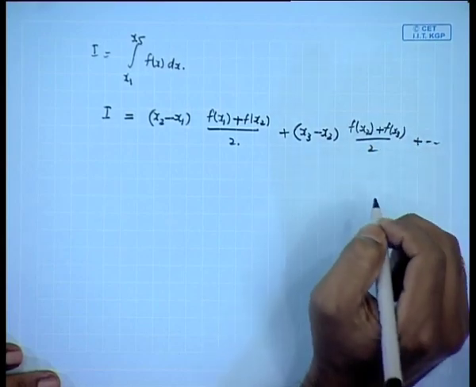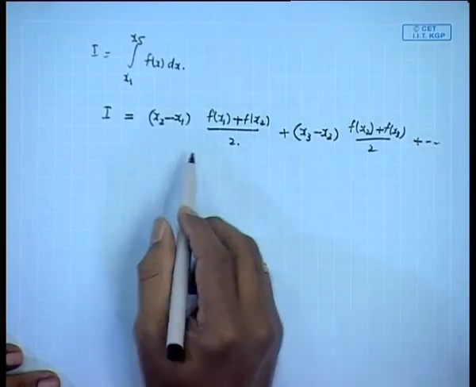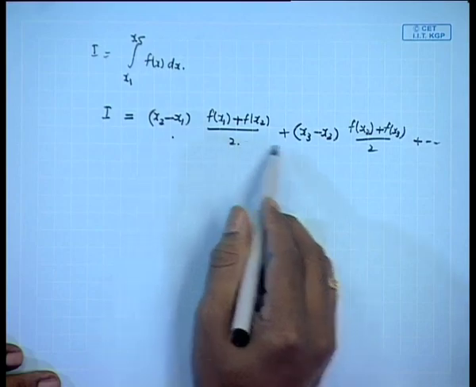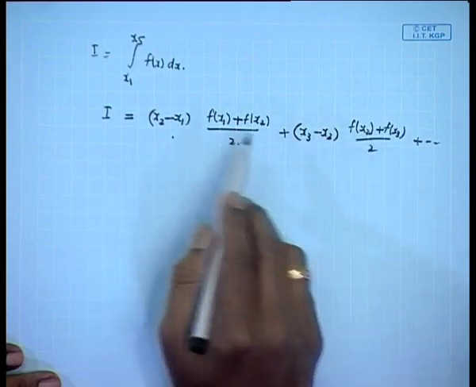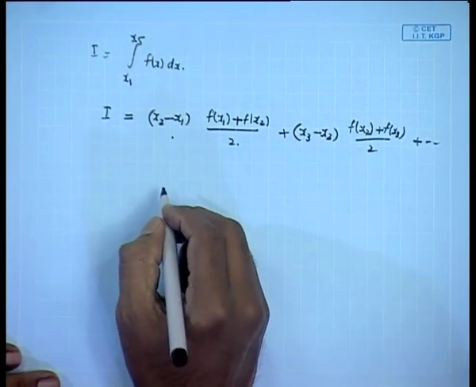This gives you the area under the curve. This is the area of the first trapezium, this is the area of the second trapezium. Like that, you have areas of 4 trapeziums.